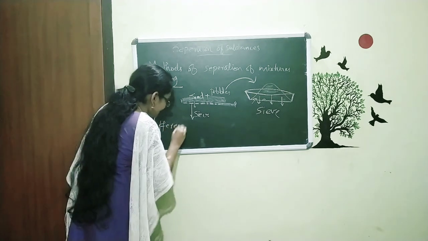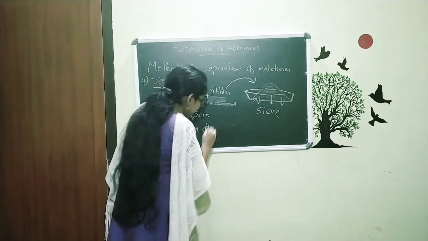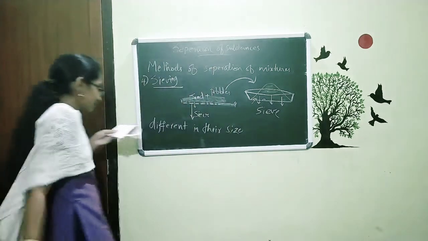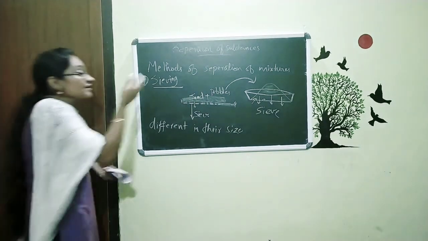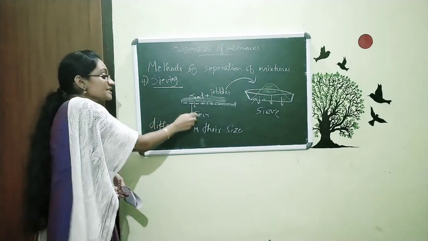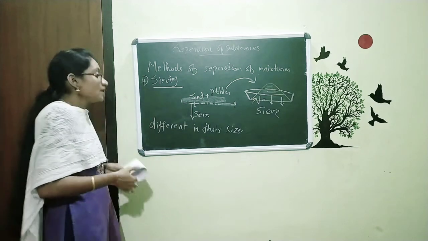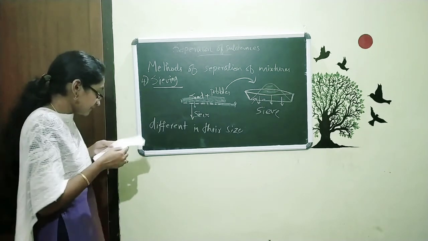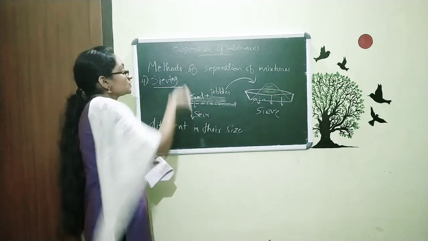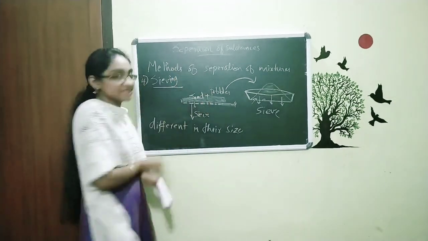Different in their size. And we are using a sieve and doing this sieving. How are we doing this sieving? We just allow the fine particles to come through this sieve.